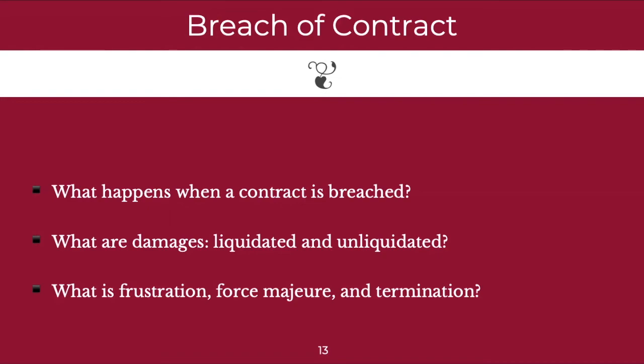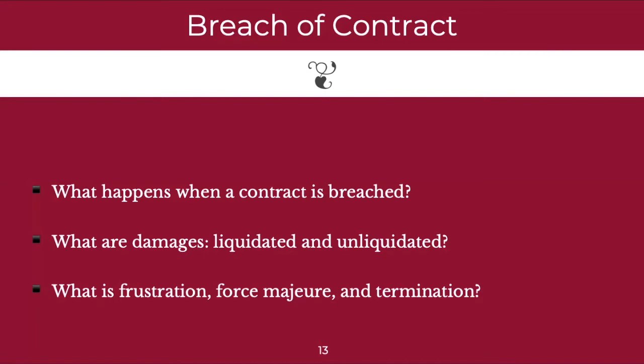Now, there are three terms which are again relevant in the area of contracts. The first is frustration. Frustration happens when there is a change in circumstances after the contract was made, which is neither the fault of any parties, and now it renders the contract impossible to perform, or it changes the terms of the contract very fundamentally.